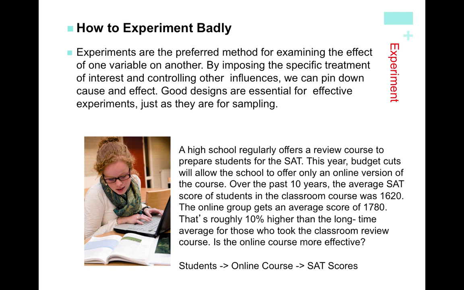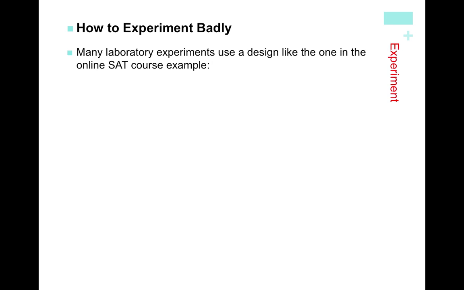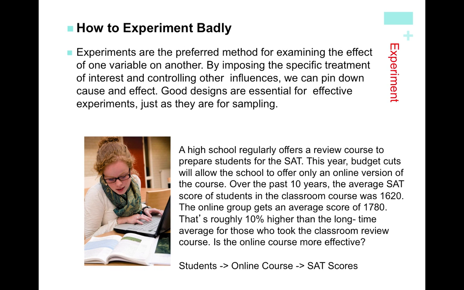So a closer look, let's hypothetically start giving some ideas that could happen here. A closer look showed that, let's say, many of the students in the online review course were actually taking advanced math classes at their school, like AP Stats or IB Math. So maybe the students in the online course improved their math scores not because of the online course, but because of the courses they were taking in school.